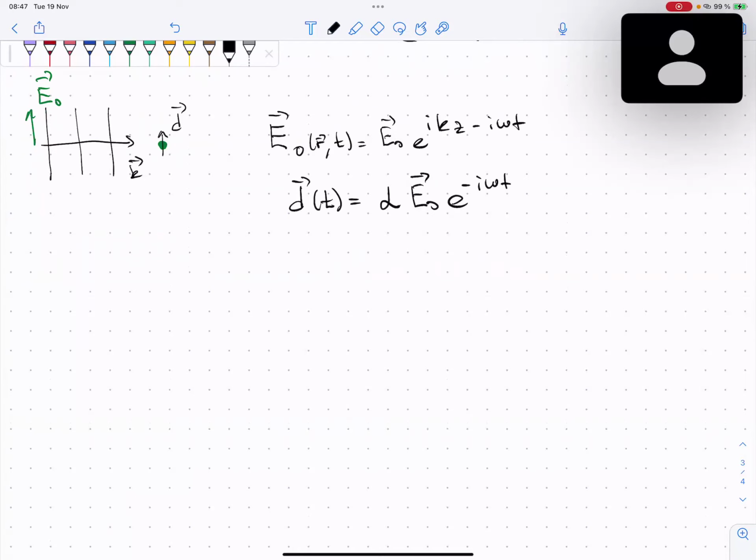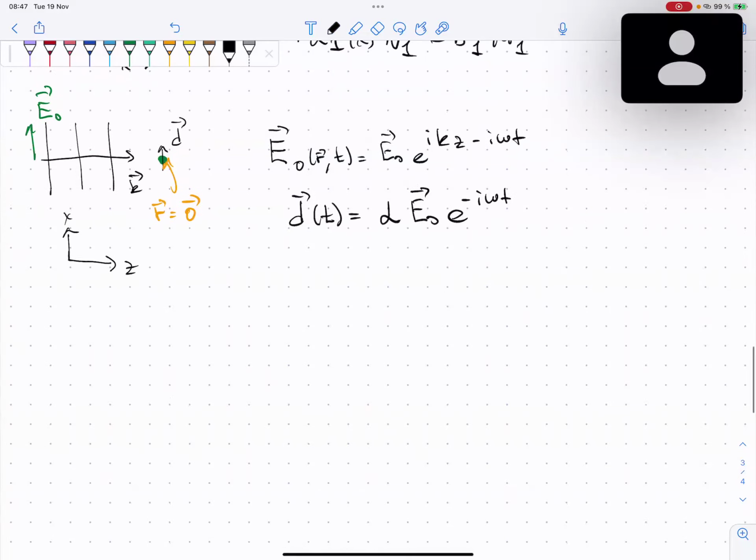For example, the particle is at the origin of coordinates, so 0, 0, 0. And once again, this is the z-axis, this is the x-axis, something like this.